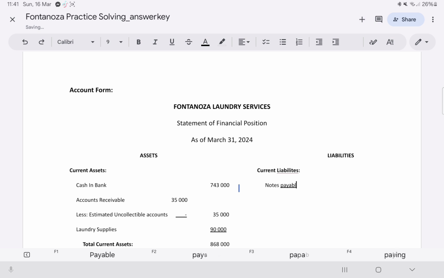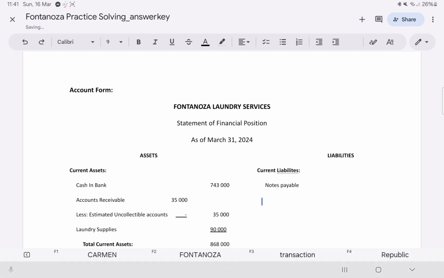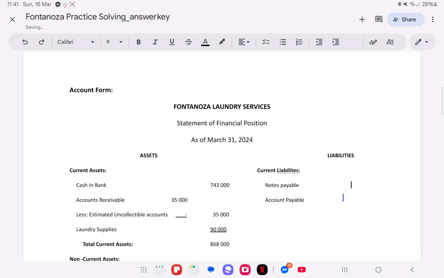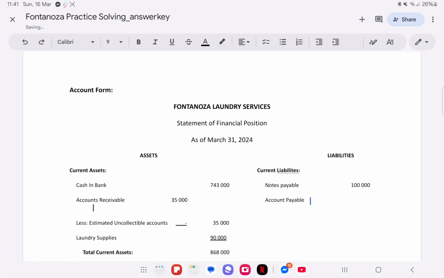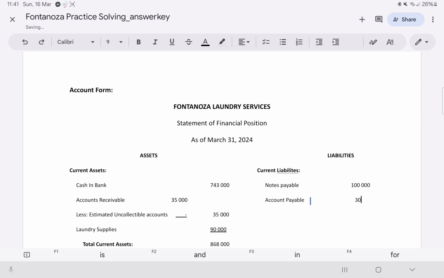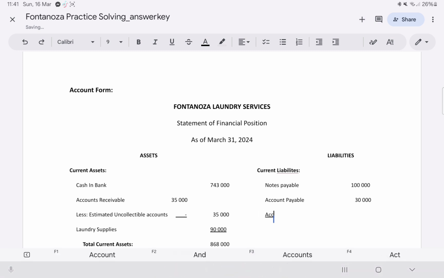So we have notes payable and accounts payable: notes payable amounting to 100,000, accounts payable 30,000, and they accrued advertising, so no amount yet, no data yet.